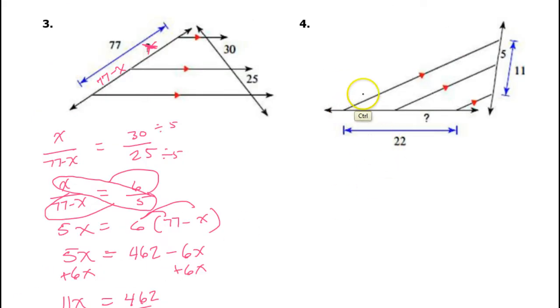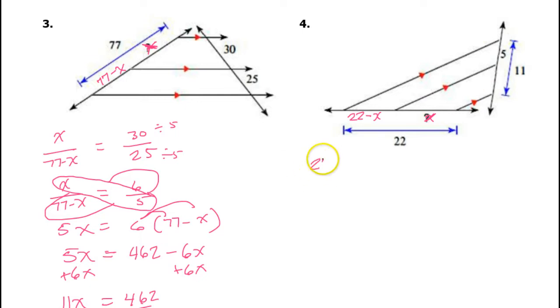Taking a glance at number 4. Again, I know that the whole thing is 22. So if I call this segment x, the other segment is going to be 22 minus x. It's the whole thing minus the part that I already have. Now I can do the side splitter theorem. Part over part is going to equal part over part.